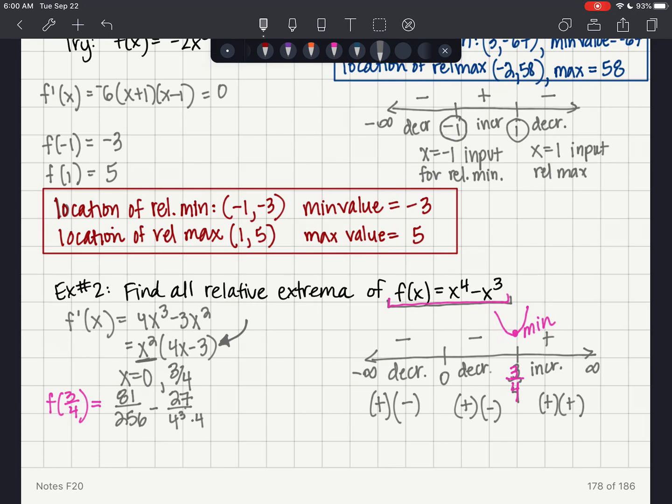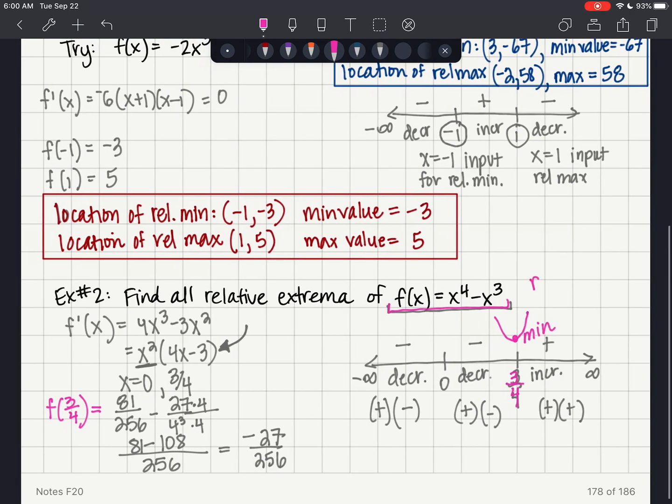I need one more 4 to give me a 256. So 81 minus 108, and that's a negative number, negative 27 over 256. So our relative min equals negative 27 over 256 when x equals 3/4.